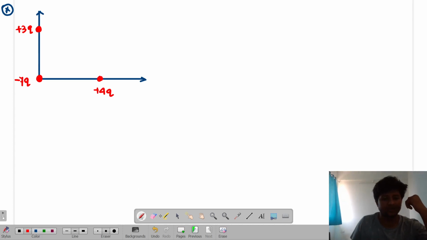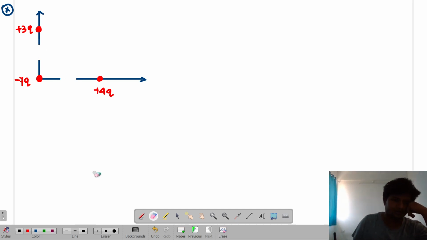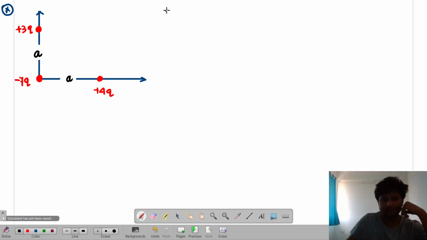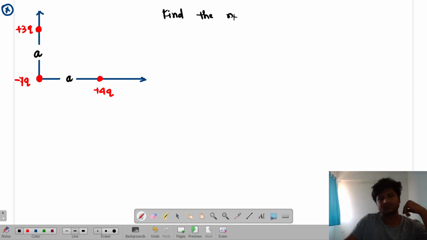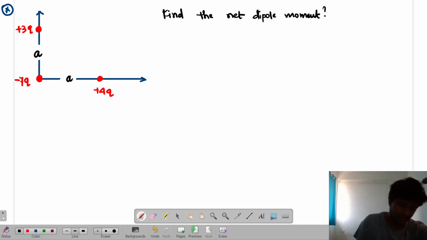And the distance between these charges is a. Then the question arises: what is the net dipole moment? What will be the net dipole moment?